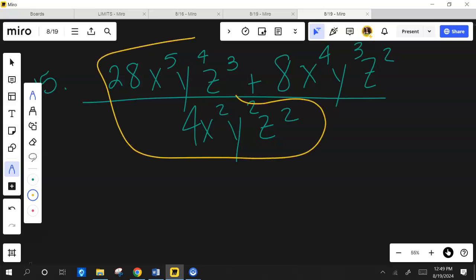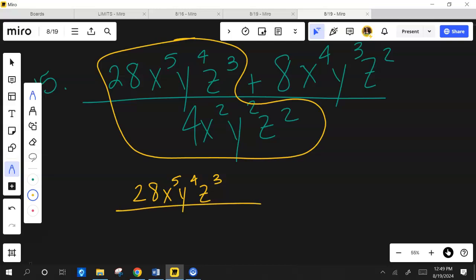First fraction, 28x to the 5th y to the 4th z to the 3rd over 4x squared y squared z squared. That's my first one.